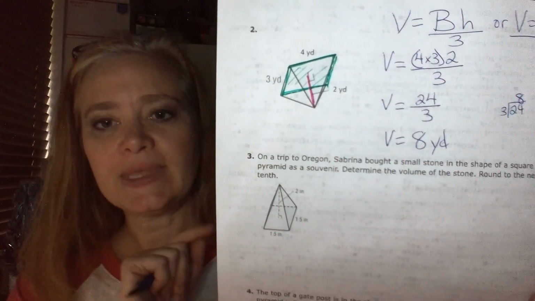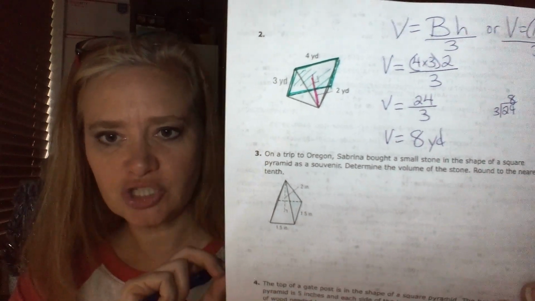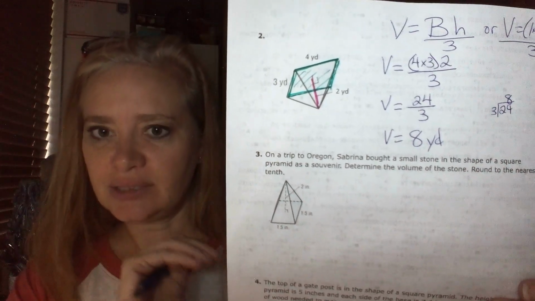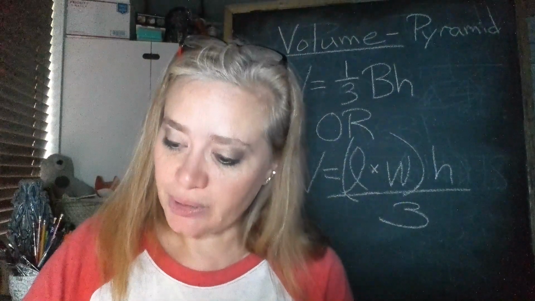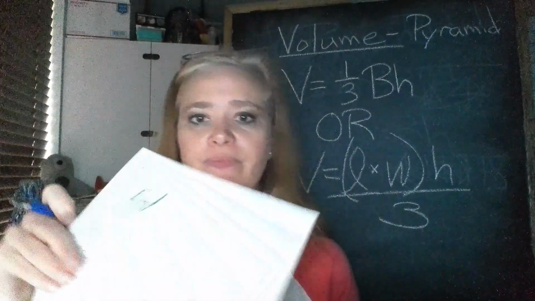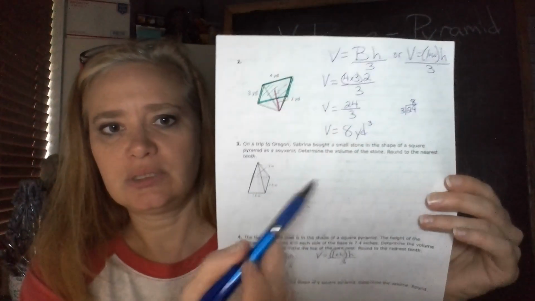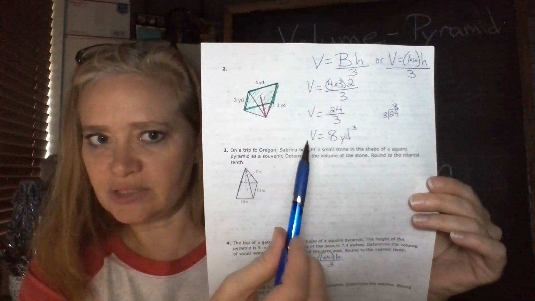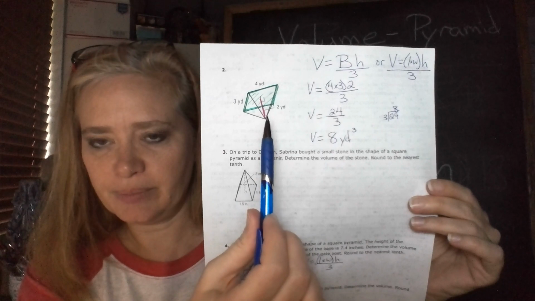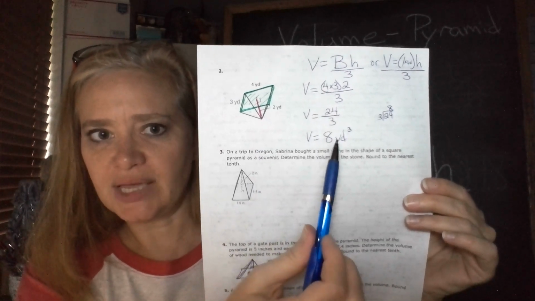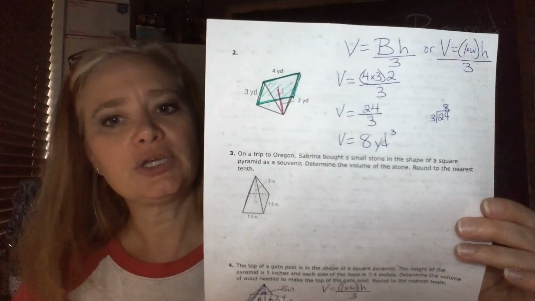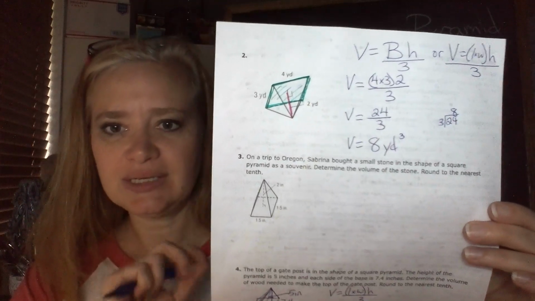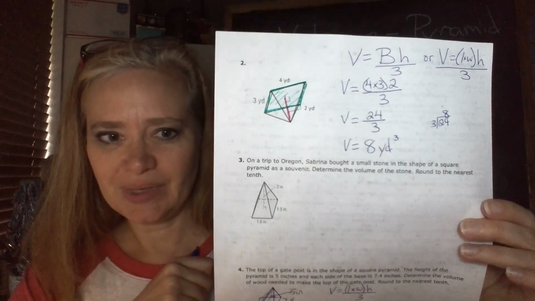And remember, it is a 3-dimensional shape. It has height, length, and width. So don't forget the important part. My answer has to be cubed. So my overall final answer is the volume of my pyramid equals 8 yards to the third power, or cubed, because it is a three-dimensional shape.